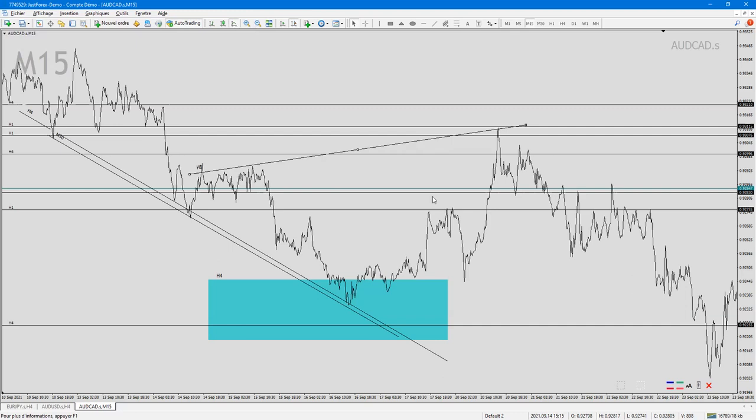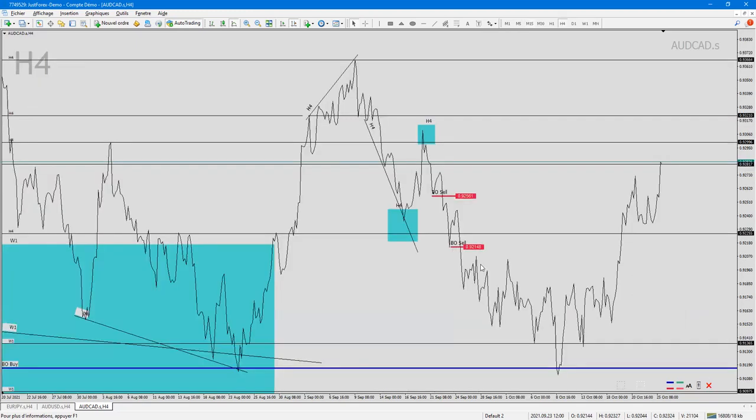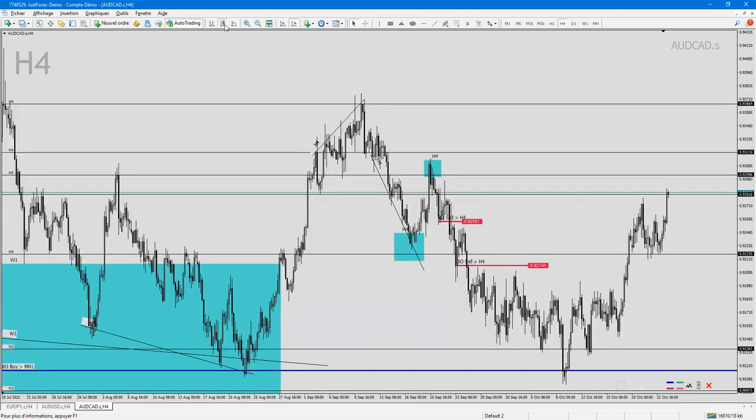I will mark them like this. Breakout sell, yeah, breakout sell. Breakout sell again until the price came back to the weekly and the monthly level.